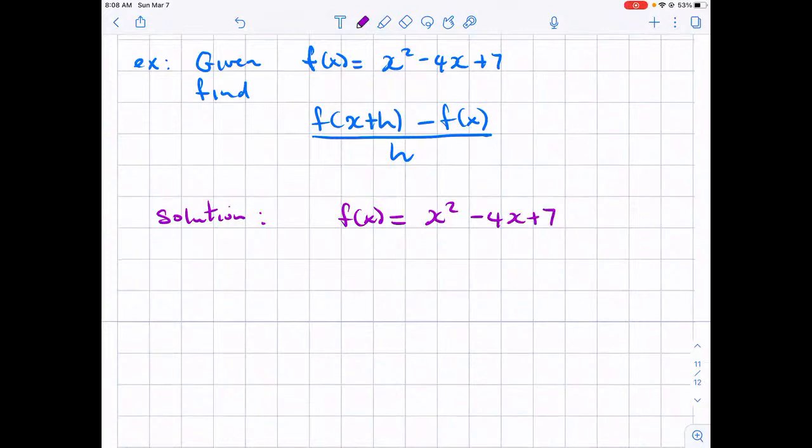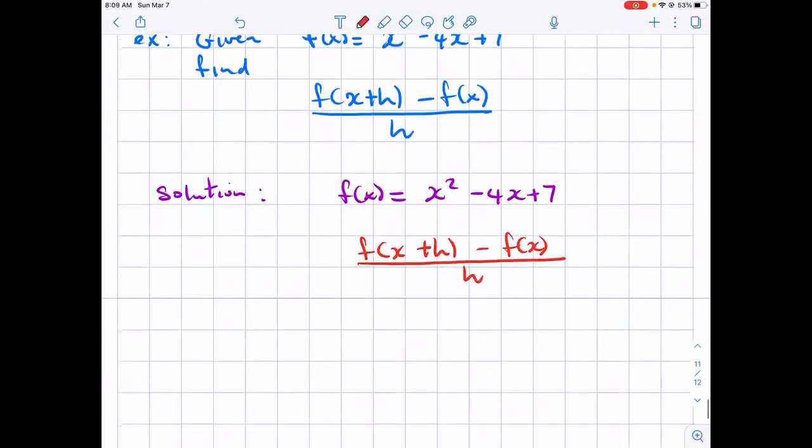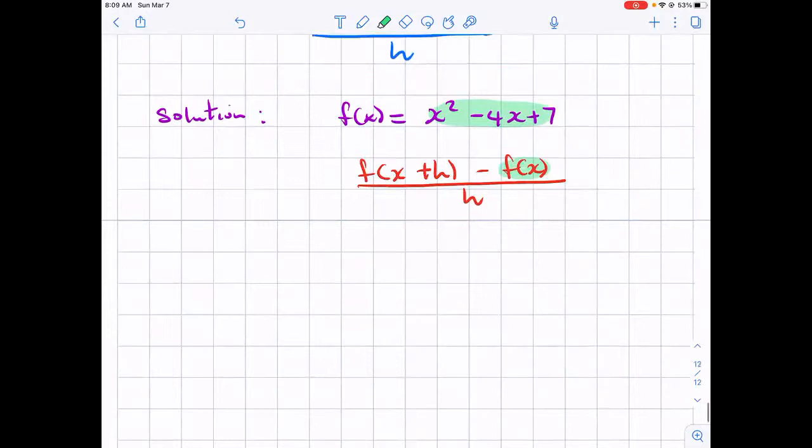And we know that the difference quotient that we have is f of x plus h minus f of x, everything over h. So notice this part we have, but we have to find this one.